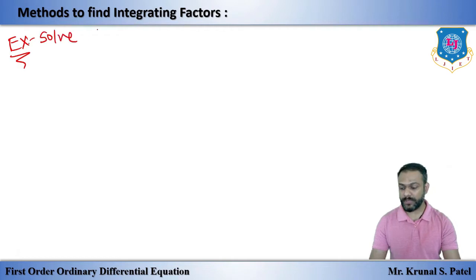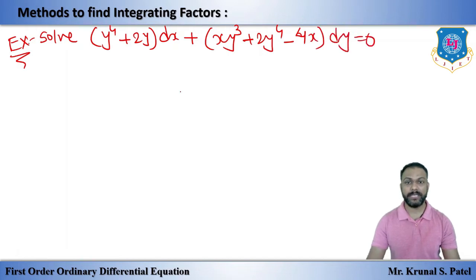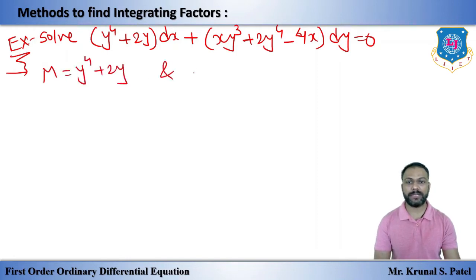Solve y raised to 4 plus 2y dx plus xy cube plus 2y raised to 4 minus 4x dy equals 0. Now first we will start with M, which is y raised to 4 plus 2y, and N is xy cube plus 2y raised to 4 minus 4x.